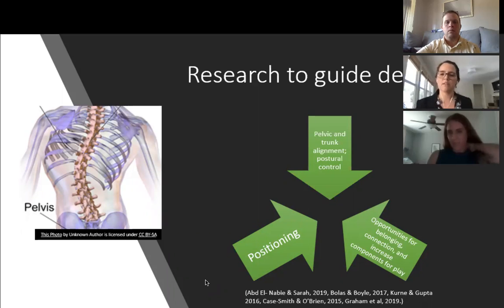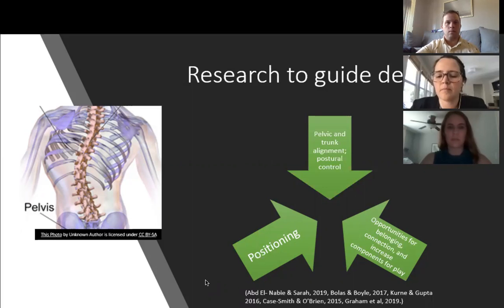When we were looking at the research out there, we chose to focus on 3 different ideas. One was positioning of the client in the swing, allowing for pelvic and trunk alignment and posture control, and the opportunity to increase play participation and social participation. We added different components to incorporate the intervention approaches that Kaylin spoke about in the swing.